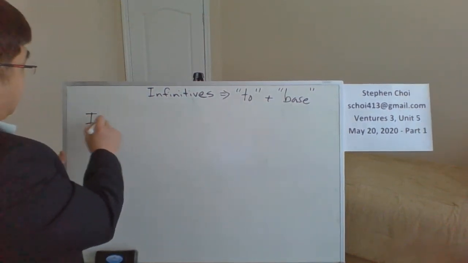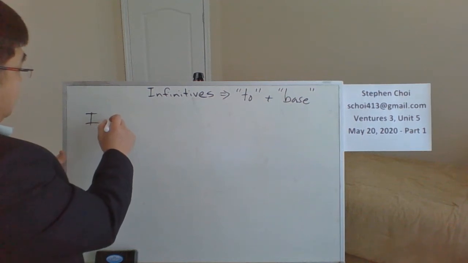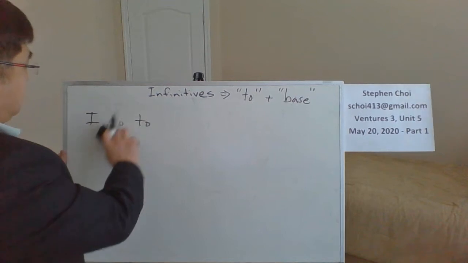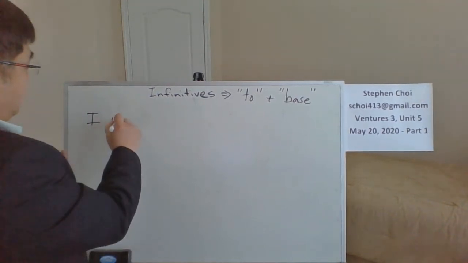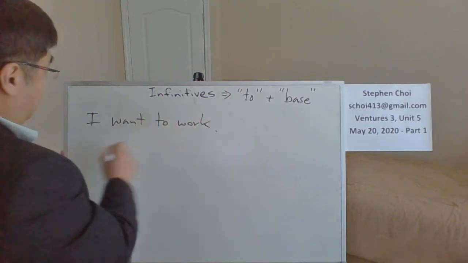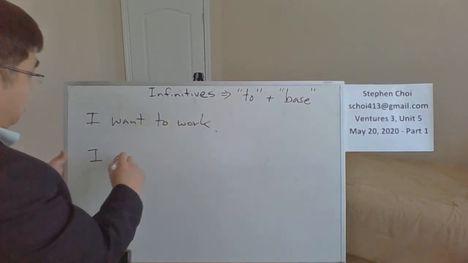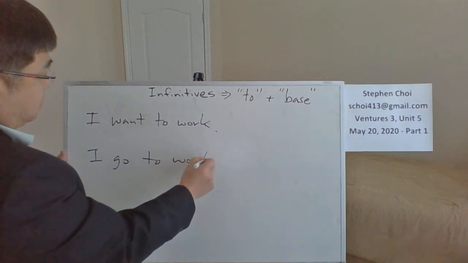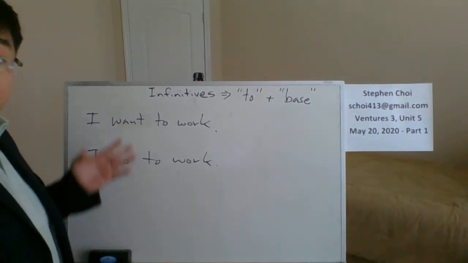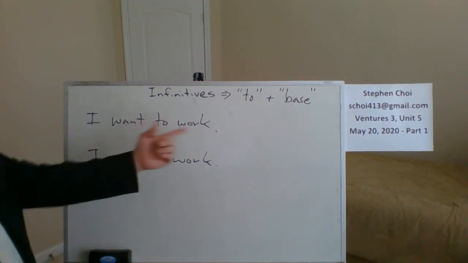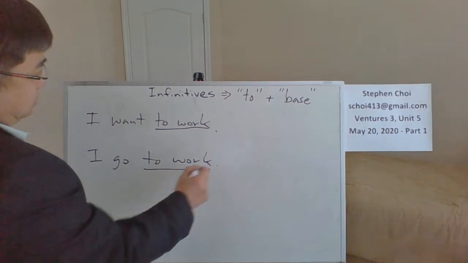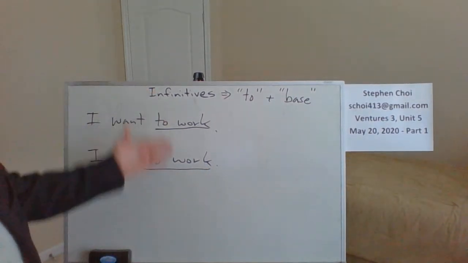If I say something like, I want to work and I go to work. So I have these two sentences. They're both good sentences, right? I want to work. I go to work. But they have two words in both sentences exactly the same.